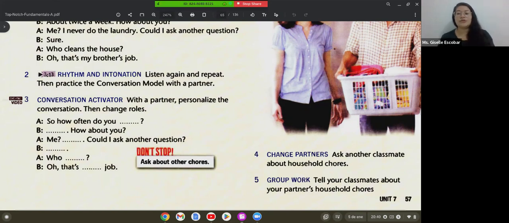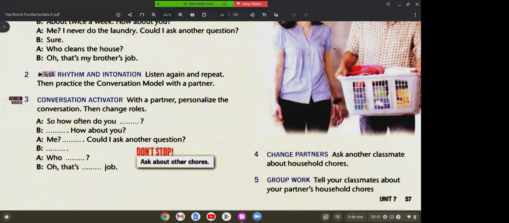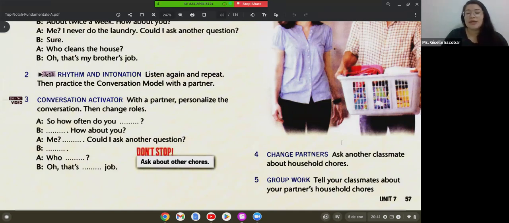So we are going to personalize the conversation, but with a different partner. Are you guys ready? Yes, teacher. It's the same conversation, teacher. Yeah, the same conversation.